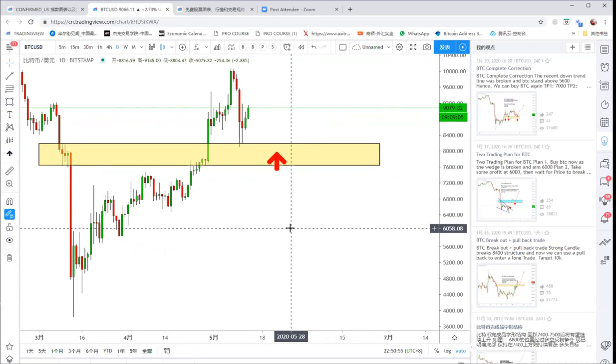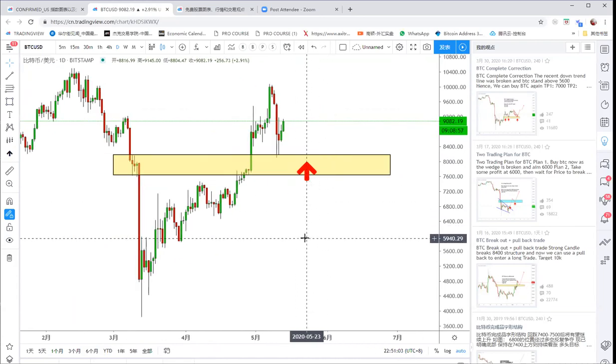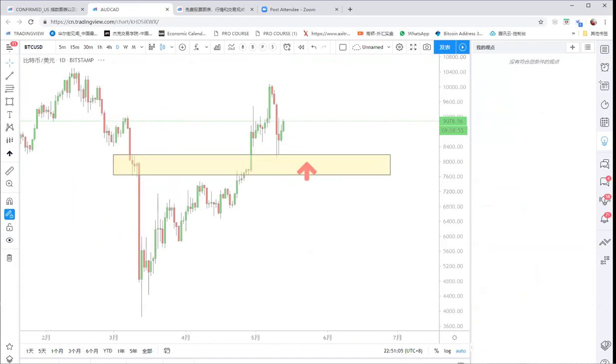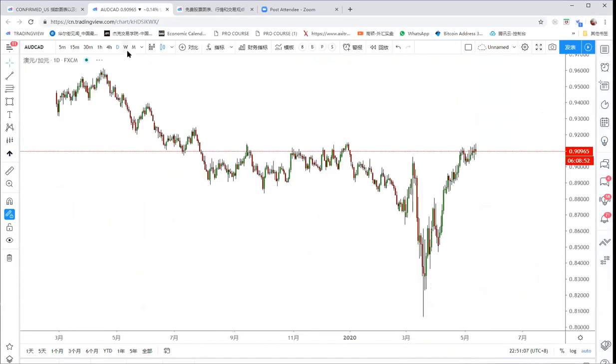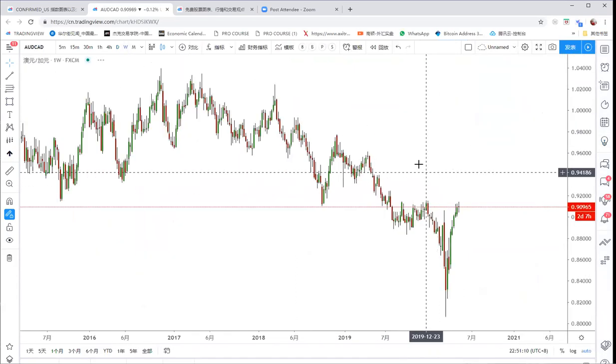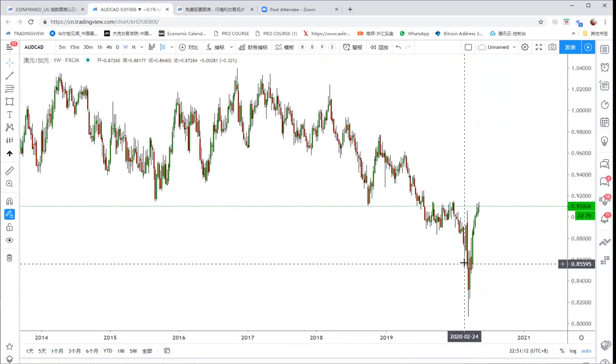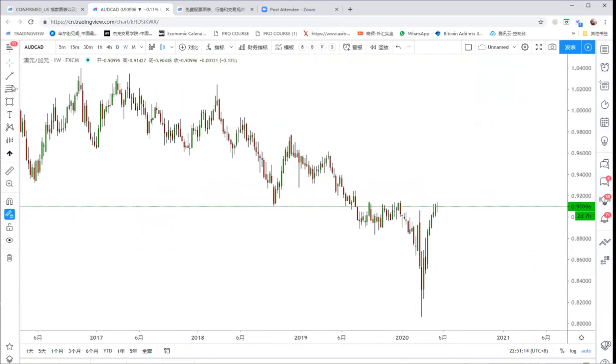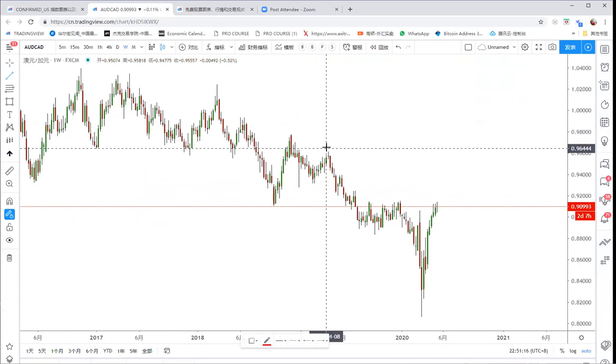Aussie dollar already answered the question. Aussie Canadian, do not trade. Oni asks to say something about Aussie Canadian, so let me show you the chart first. My suggestion is do not trade this pair.